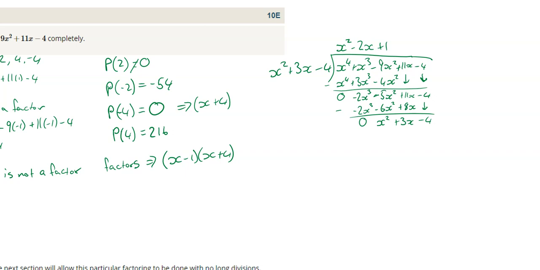So our factors are x minus 1, x plus 4, and very good. It does. So this factors into what? X minus 1 squared. So essentially then we've got x minus 1 cubed, x plus 4. Cool.